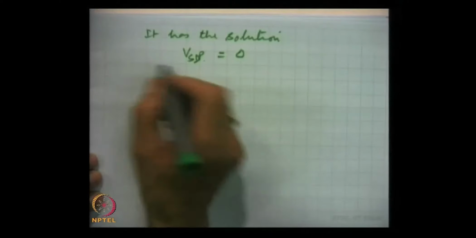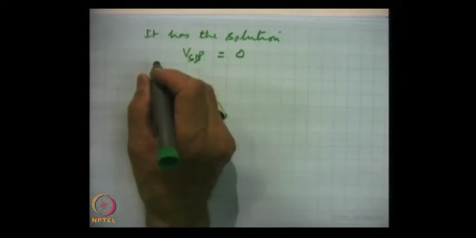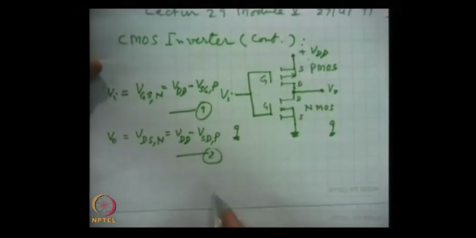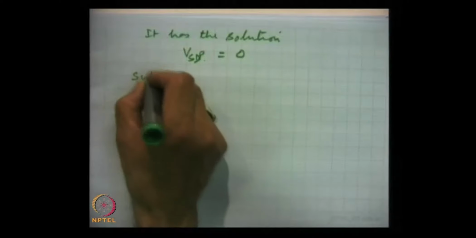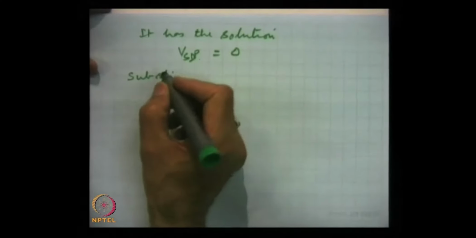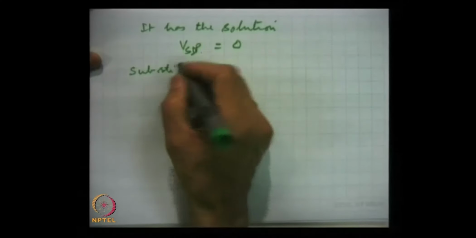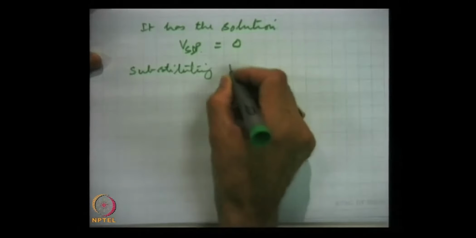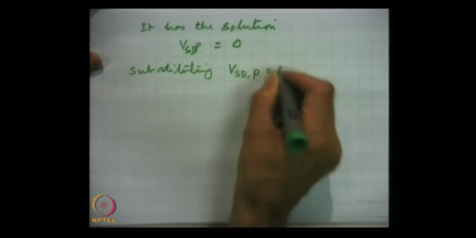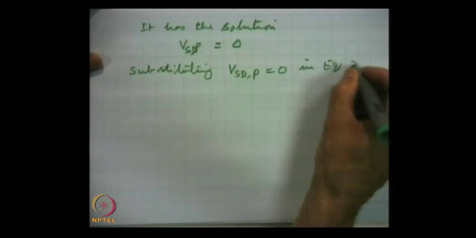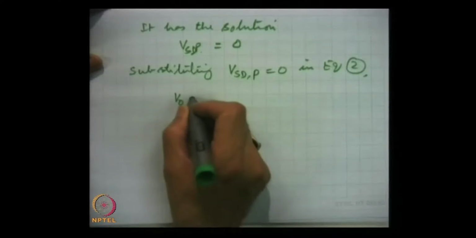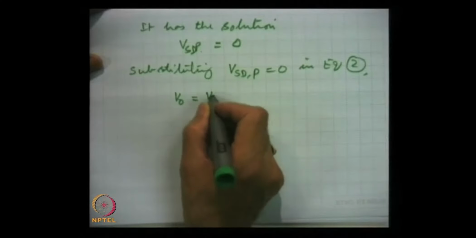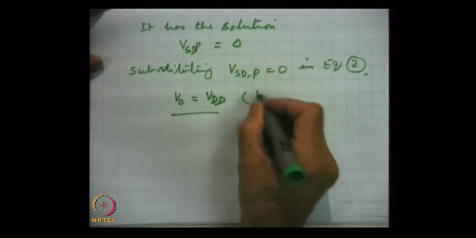Now, substituting VSDP equal to 0 in equation 2, we have Vout equal to VDD, that is high.